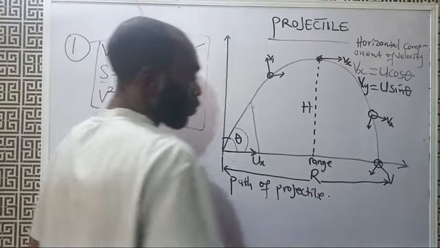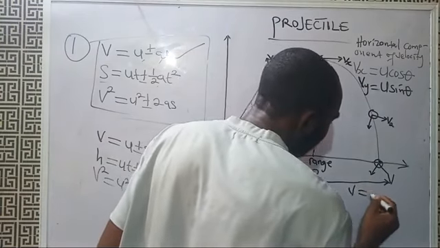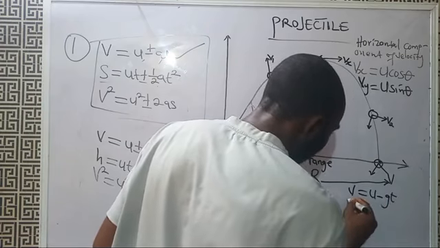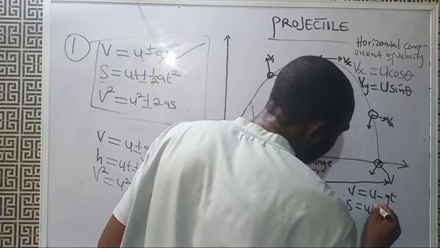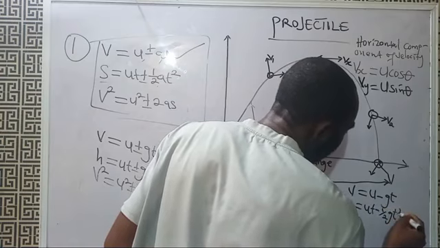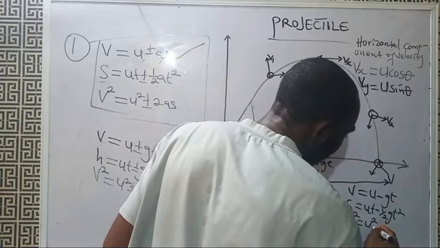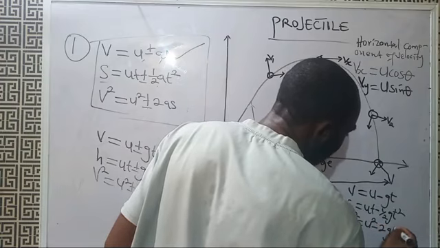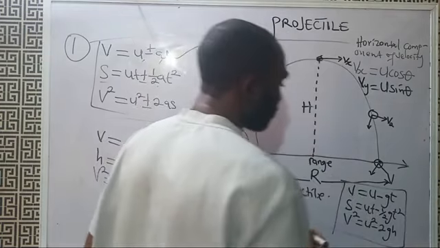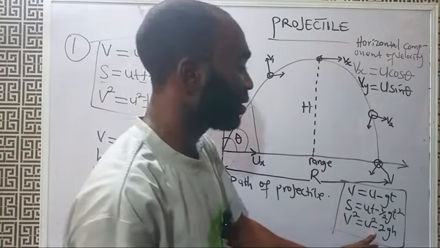These are the formulas: v is equal to u minus gt, s is equal to ut minus half of gt squared, v squared is equal to u squared minus 2gh. That is, when an object is launched upward into the air, the equations of motion take a minus sign.